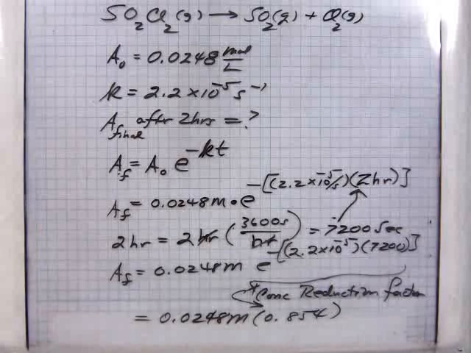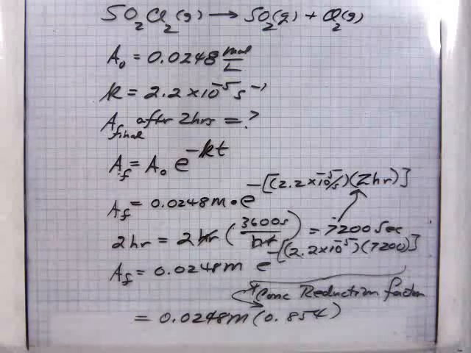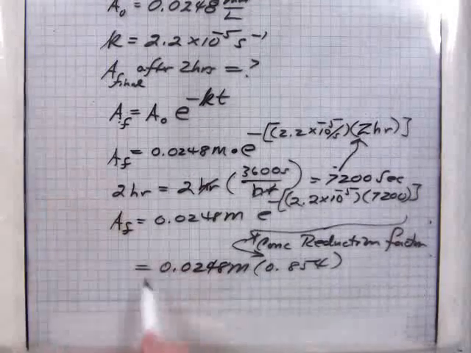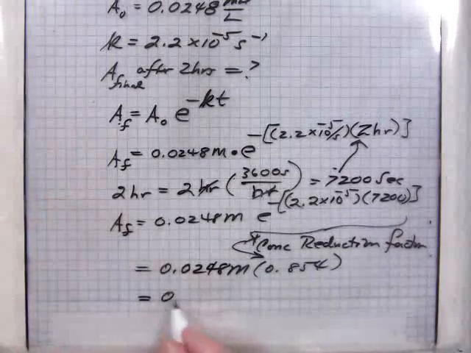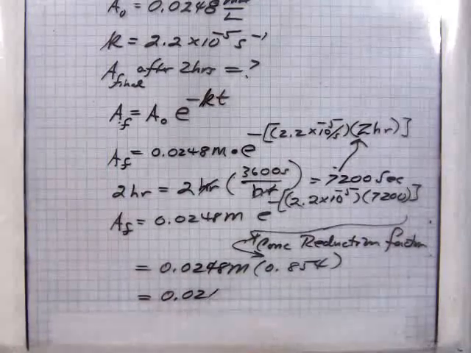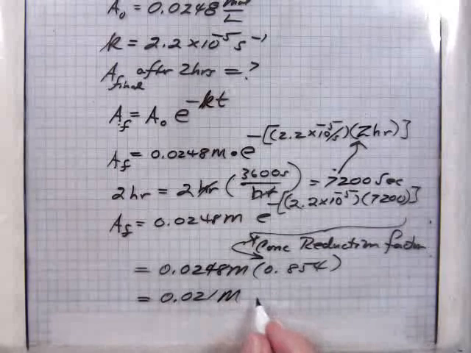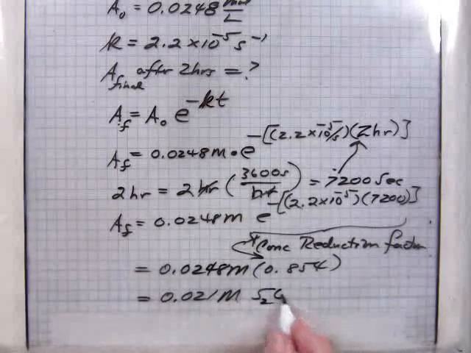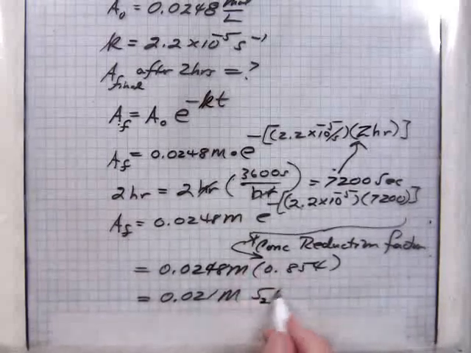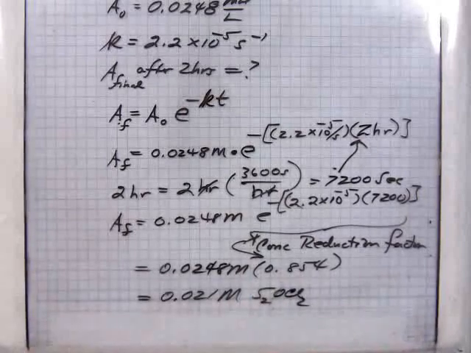So that's 0.0248 times 0.854, and so that will give us 0.021 molar of the SO2Cl2, I guess it wouldn't.